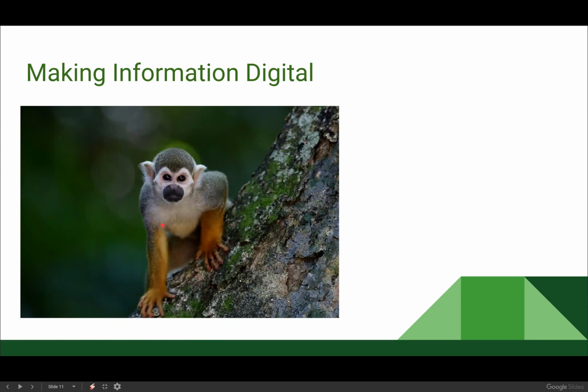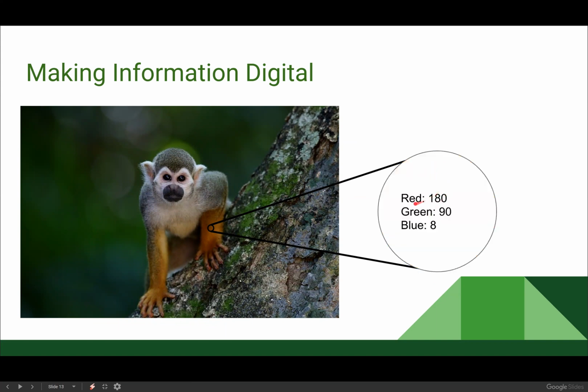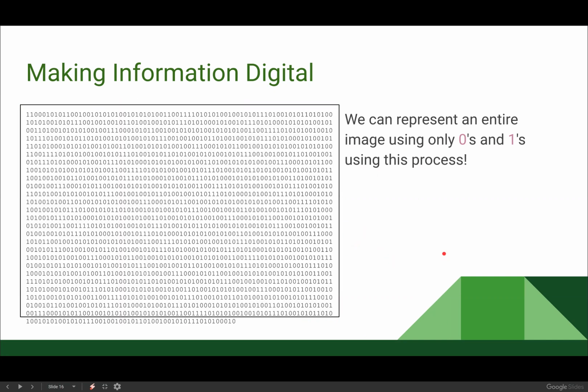So if I have some random image, a picture of a monkey, for every single pixel, every pixel has a color and has a position. That color can be represented by the RGB value, red, green, and blue. Those numbers can be represented in binary, and so we can represent the entire image using just zeros and ones, using this process for every single pixel in the picture. So we get a whole bunch of ones and zeros, and some that overflow off the bottom.